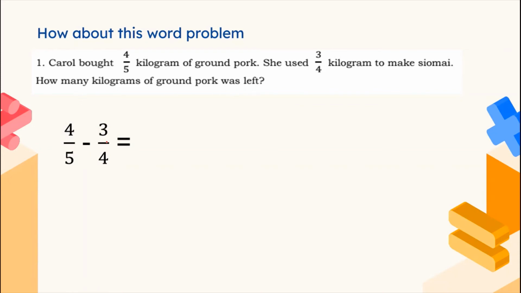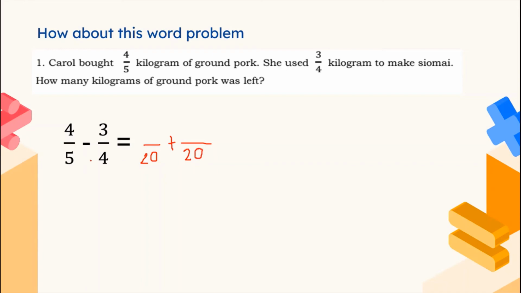So again, these two fractions are examples of dissimilar fractions. So we really need to find their LCD. What is the LCM of 5 and 4? You got the answer already, grade 6? The LCM for 5 and 4 is 20. Got it right. Okay, so let us write here 20.